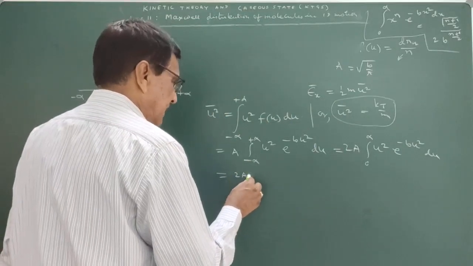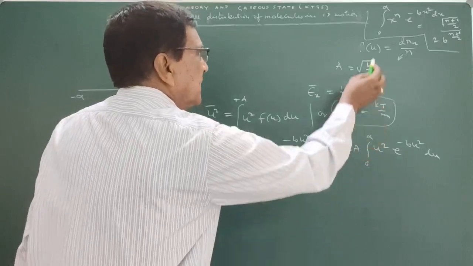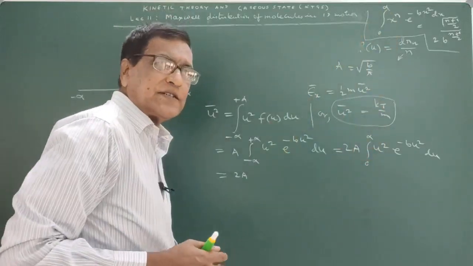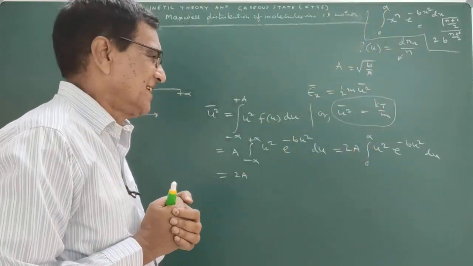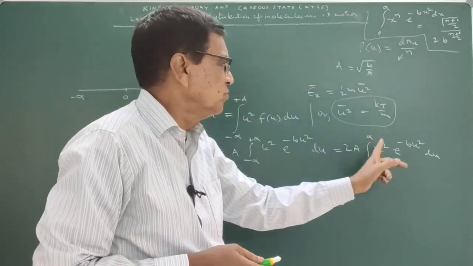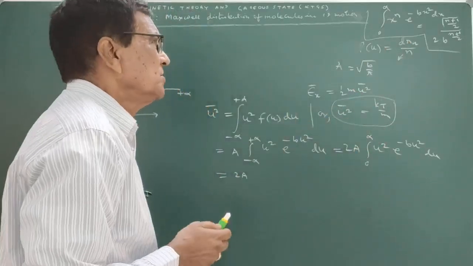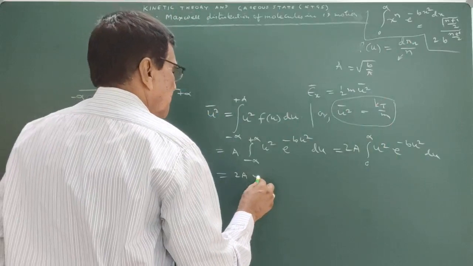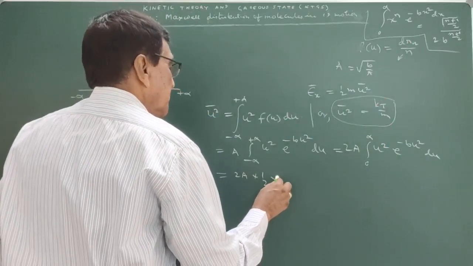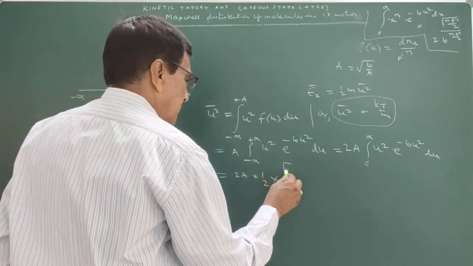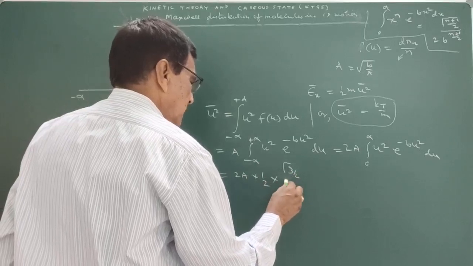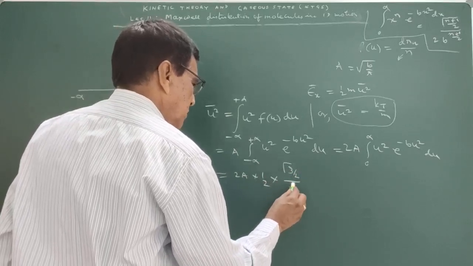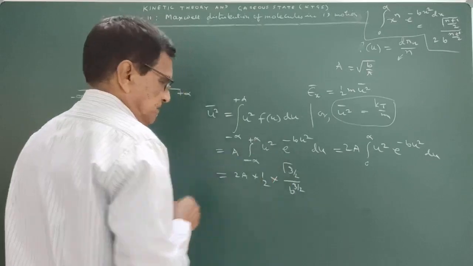This is equal to twice A, and here if we utilize the gamma function format, then a equal to 2. So this will be equal to half into gamma 3 by 2 divided by b to the power 3 by 2.